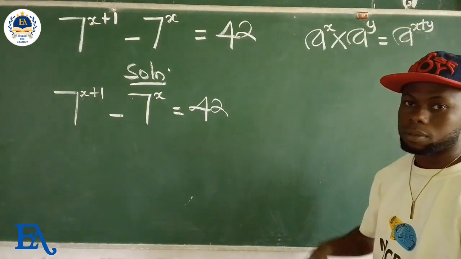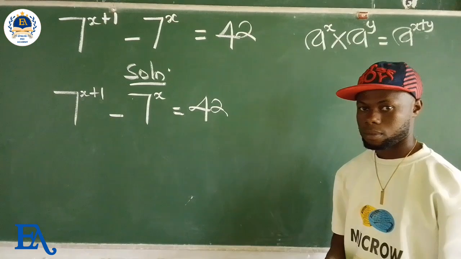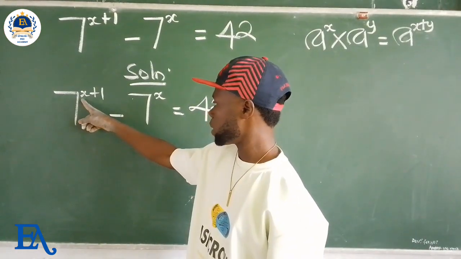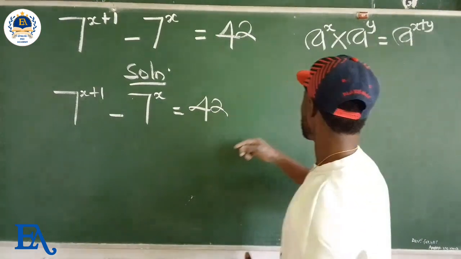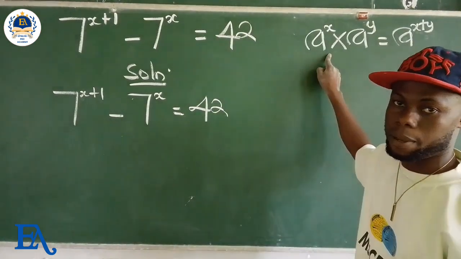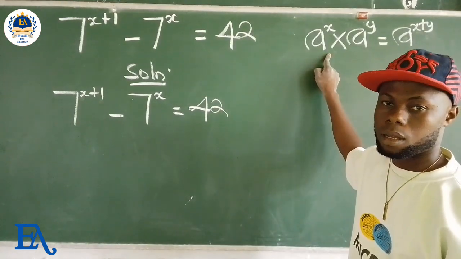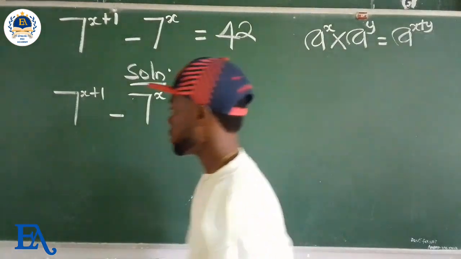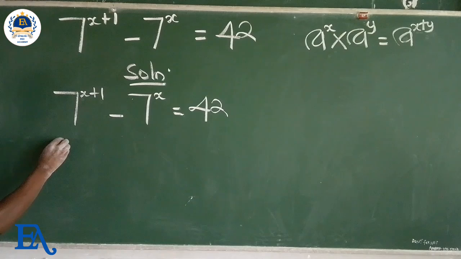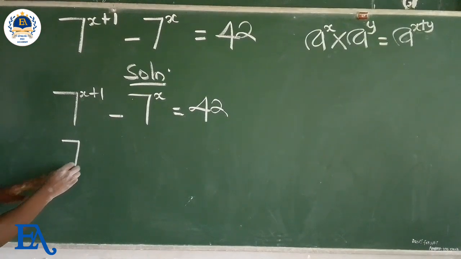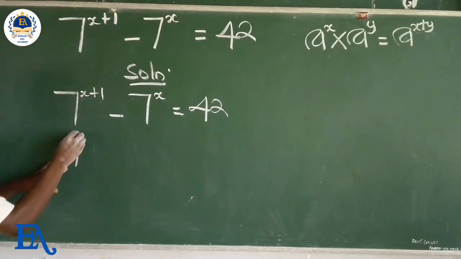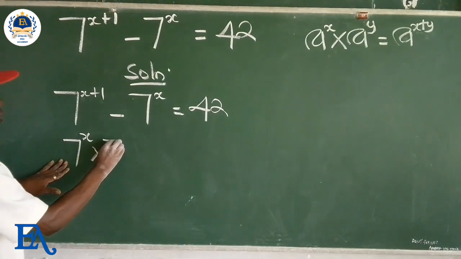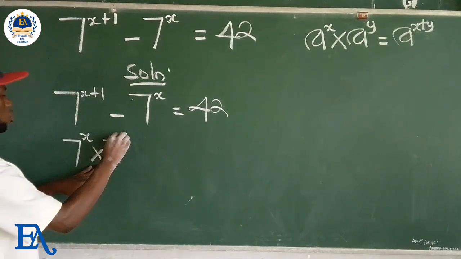Since this is so, we can use the multiplication law of indices to convert this number from this down to this. That means it is possible to convert this 7 raised to the power of x plus 1 into an expression in this term. If you are required to do that, using that knowledge, that will give 7 raised to the power of x times 7 raised to the power of 1.